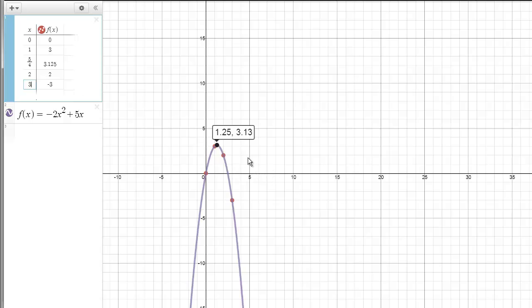This is our graph. We see 0 is 0, 1 is 3, 3.125, 2 is 2, 3 is -3.